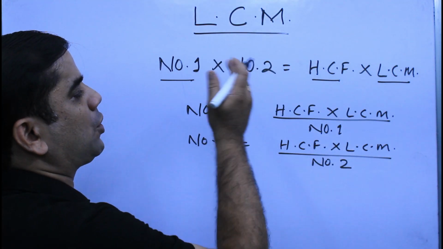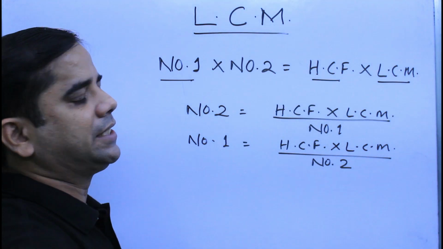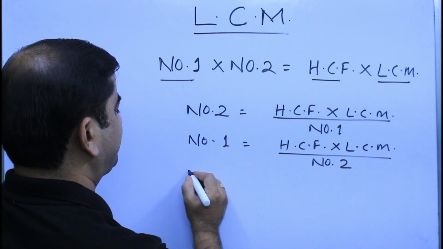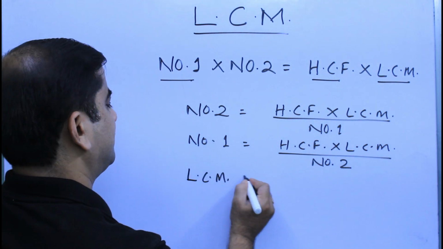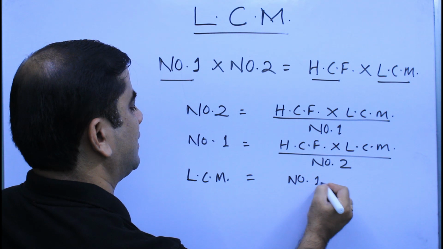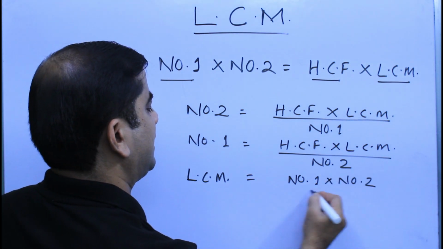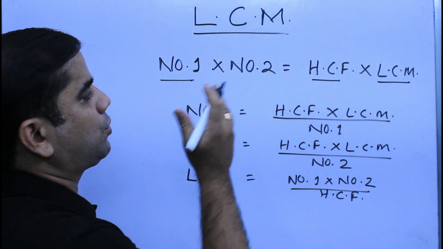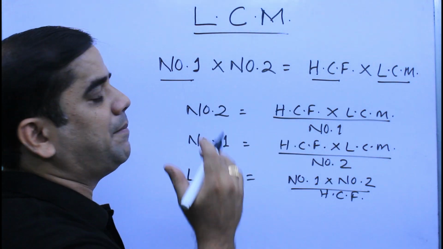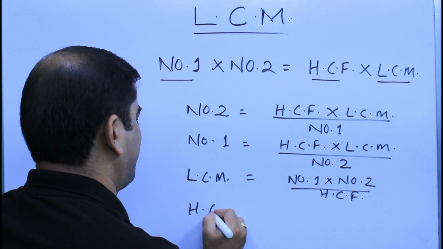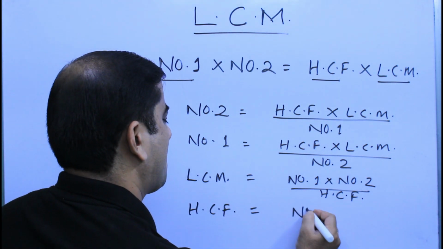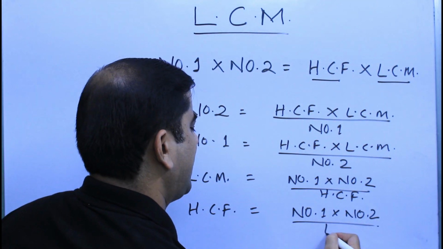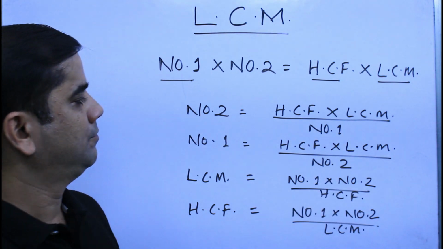If number 1 and number 2 and HCF are given, we can find out the LCM by using the formula number 1 into number 2 divided by HCF. Same way, if number 1 and number 2 and LCM are given, then we can find out HCF by using the formula number 1 into number 2 divided by LCM.